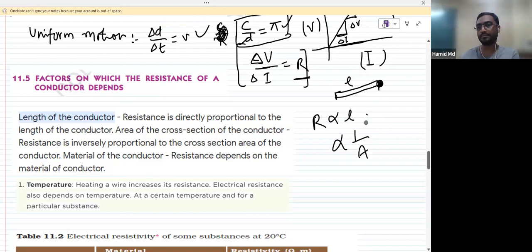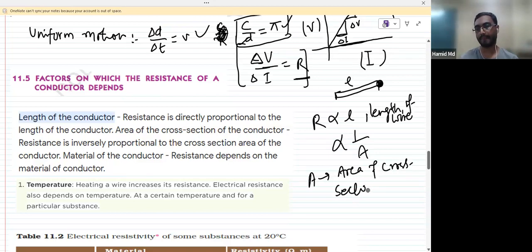L is the length of wire, and A is the area of cross section. You know area of cross section? What is area of cross section?